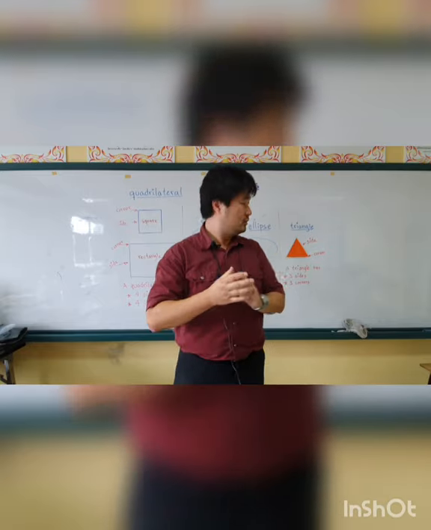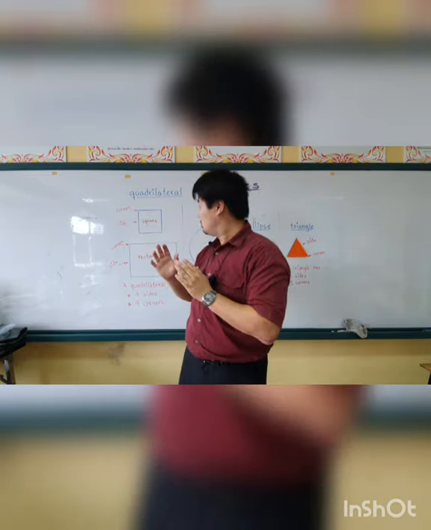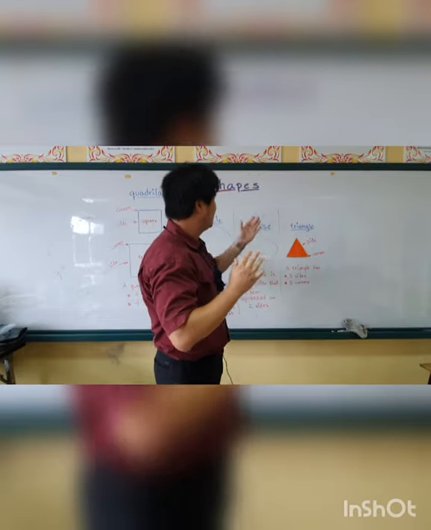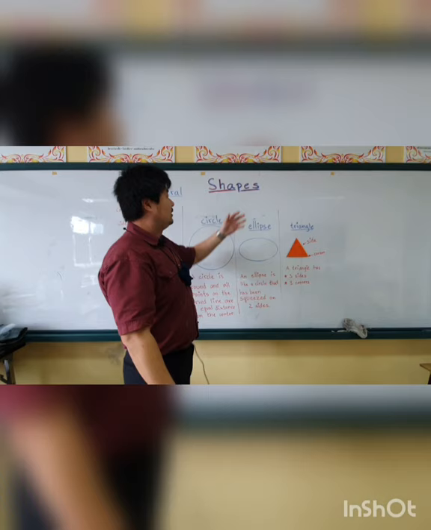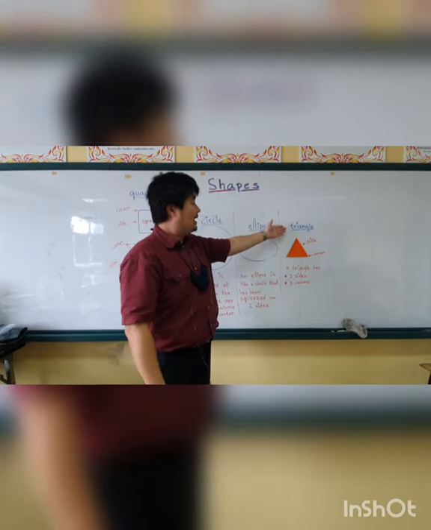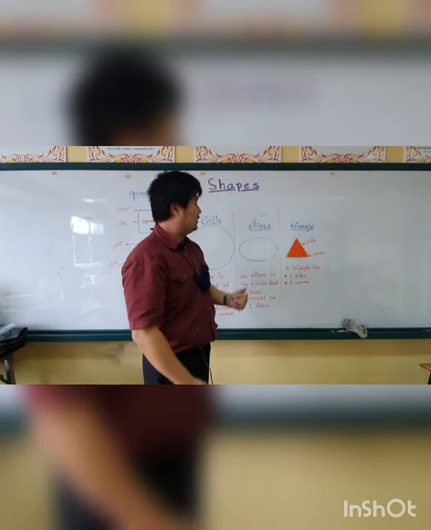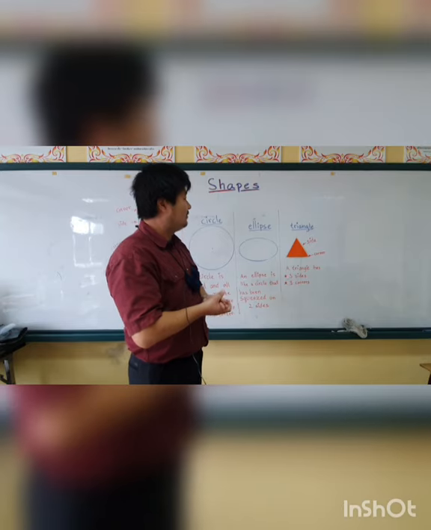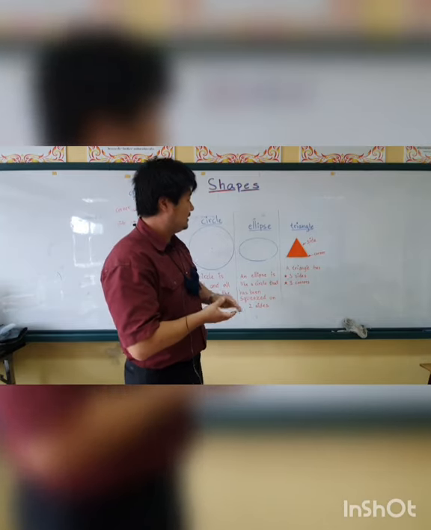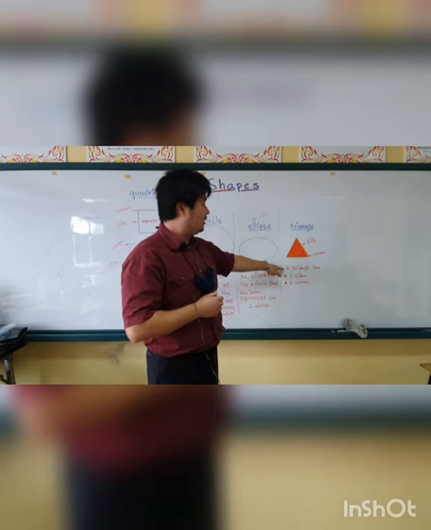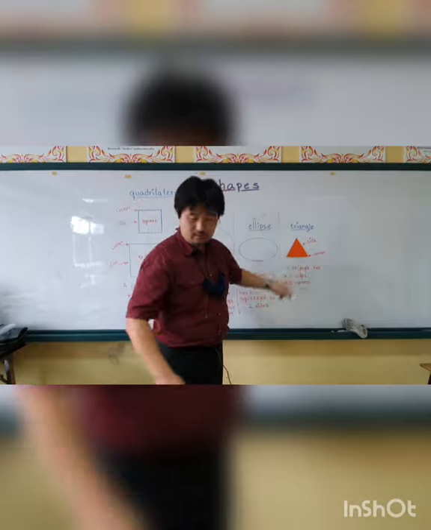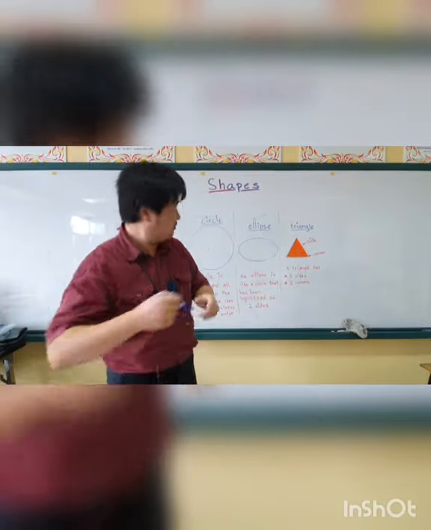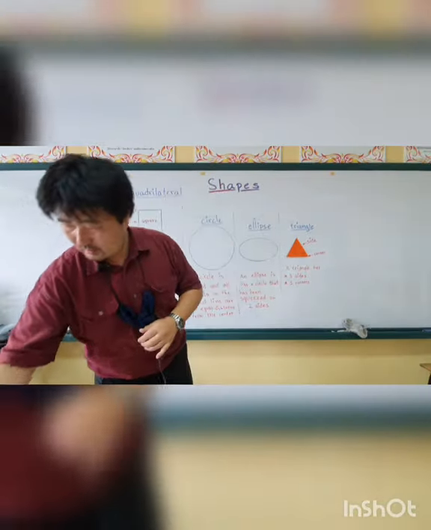Okay, let's start on this side, on my left. So this is a triangle, and the definition of a triangle is: a triangle has three sides. This is a side, let me show you.